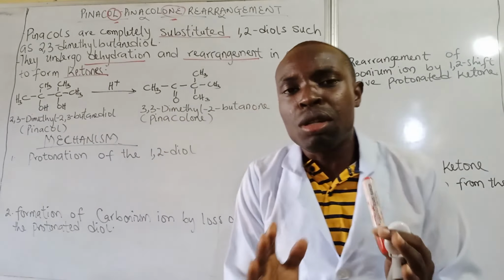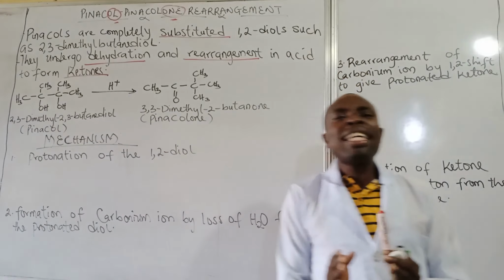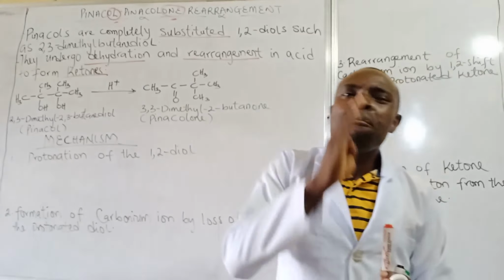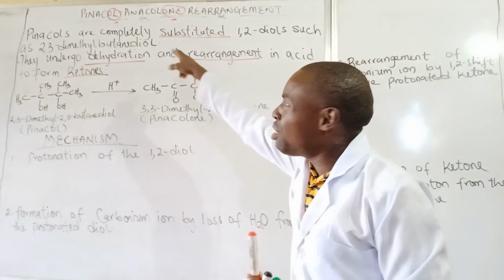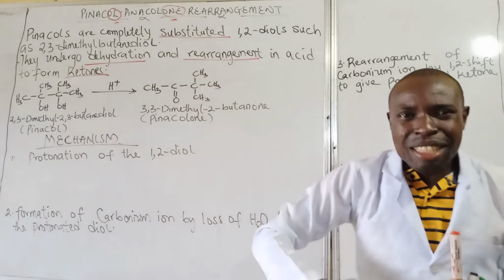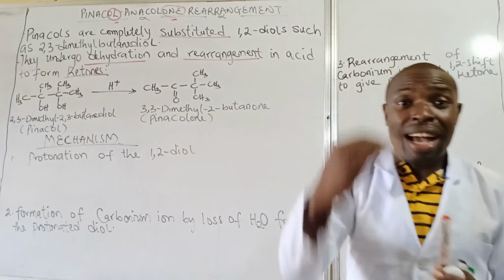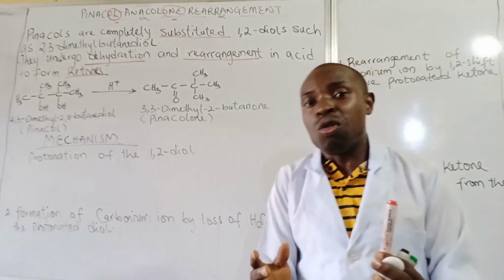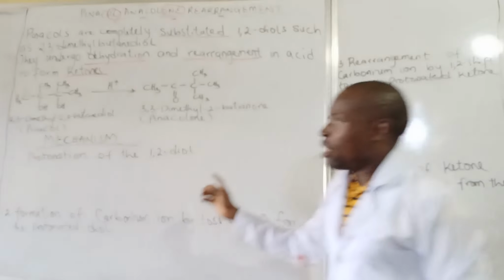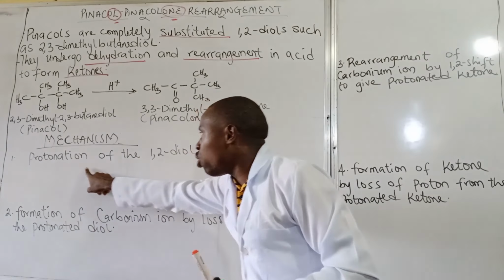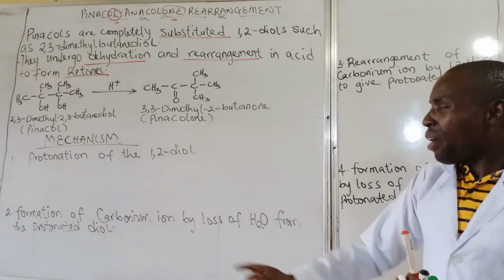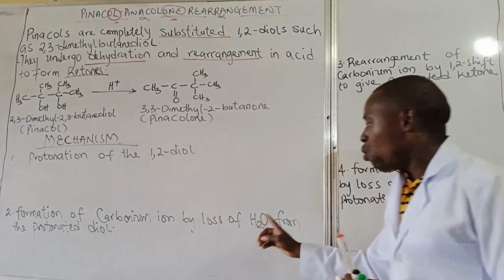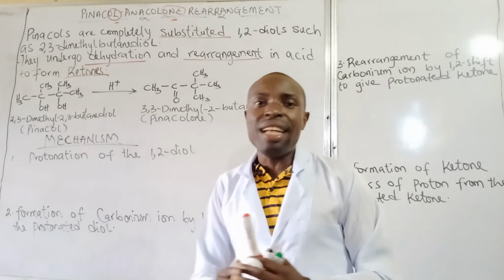Now we move straight away to the mechanism. In the mechanism, we have four steps under which this reaction can be undergone. The first one is the protonation of the 1,2-diol. Number two, the formation of carbonyl ion by loss of water from the protonated diol.